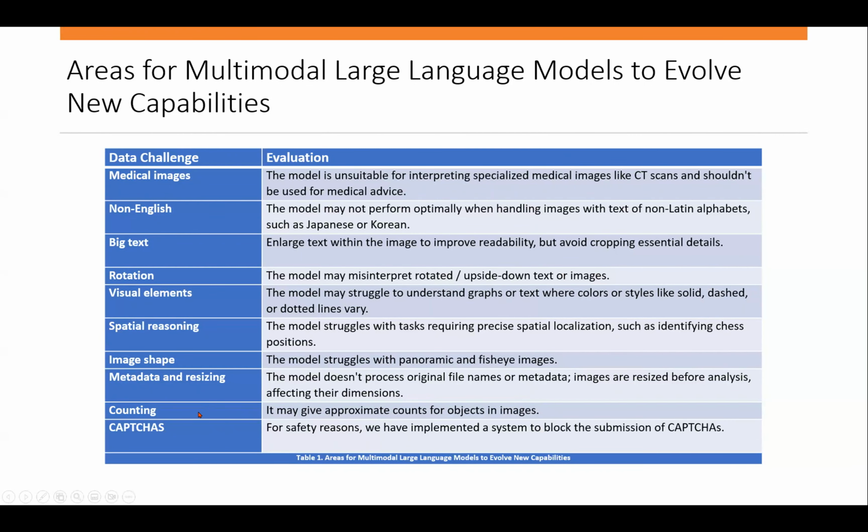But the idea that a language model would be the way you would approach addition or multiplication is probably not true. And finally, CAPTCHAs it's actually pretty good at, and we'll show you an example of that. But for safety reasons, the ability to identify yourself as a human with I am not a robot has in many cases been hindered by the model designers.